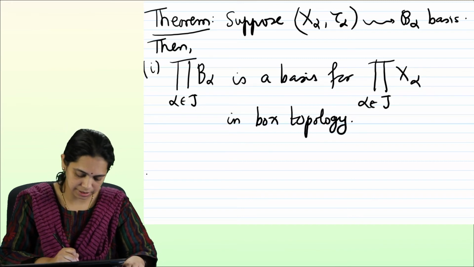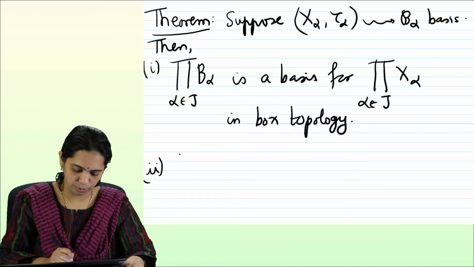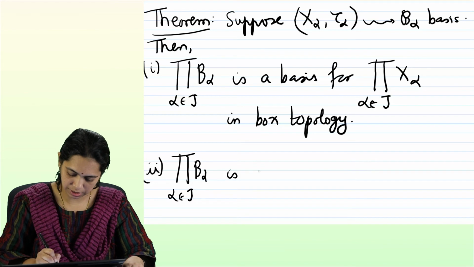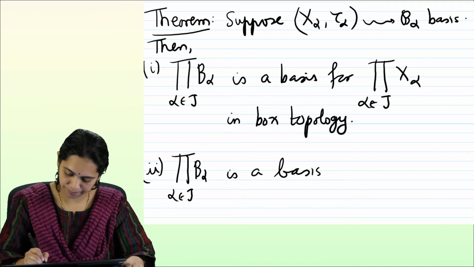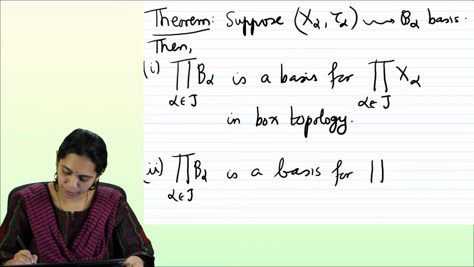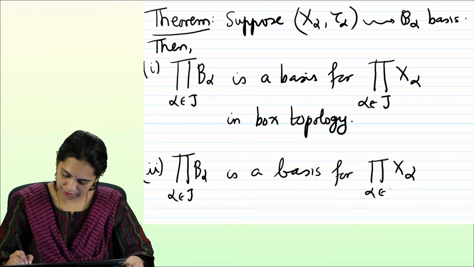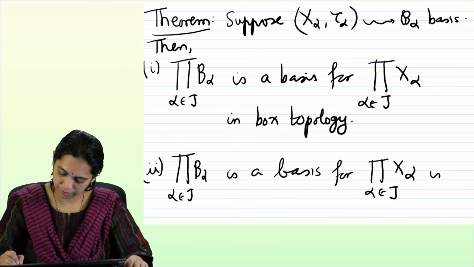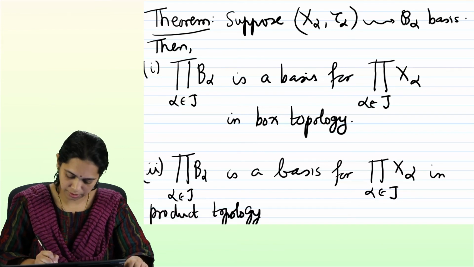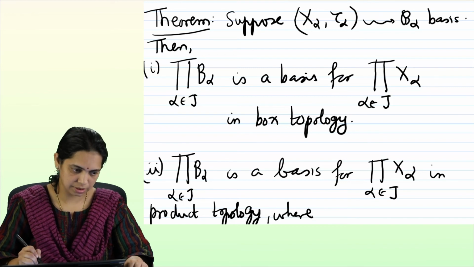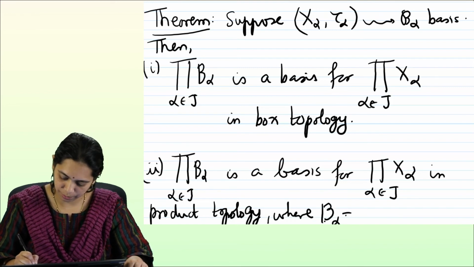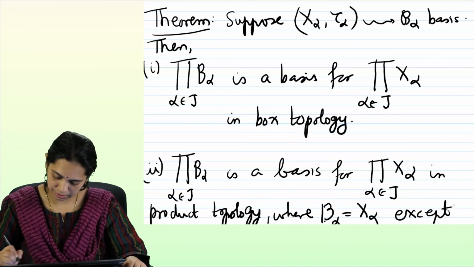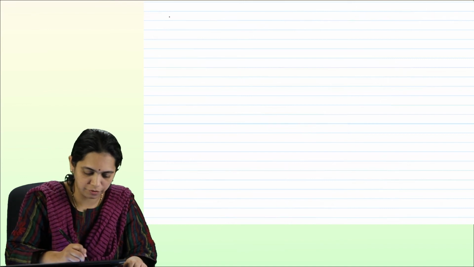This is an easy exercise. Similarly, you can prove that the product of B alpha as alpha varies over J is a basis for the product of X alpha, alpha in J, in the product topology, provided you allow B alpha to be X alpha except at finitely many alpha.